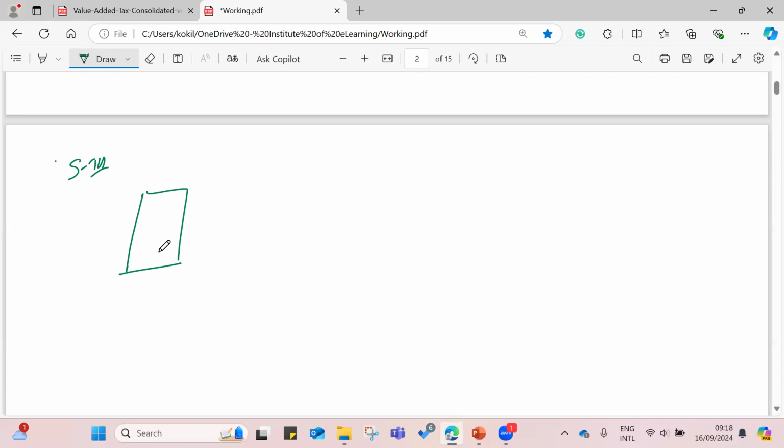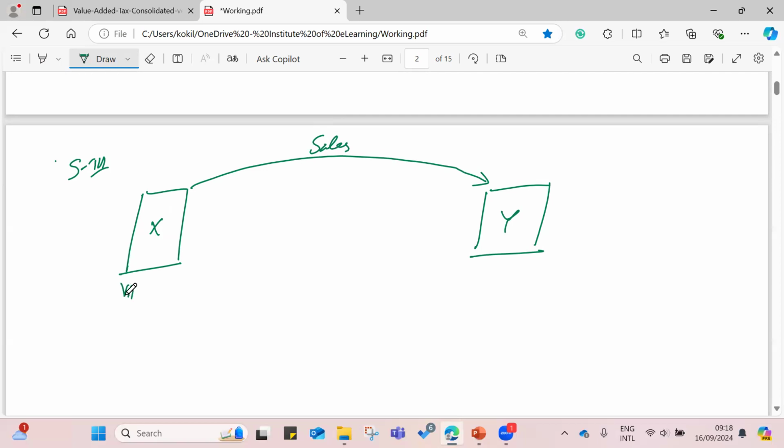Let's say company X makes sales to company Y. Company X is VAT registered, company Y is not VAT registered. When company X issues an invoice to company Y, do they need to issue a tax invoice or a normal invoice?